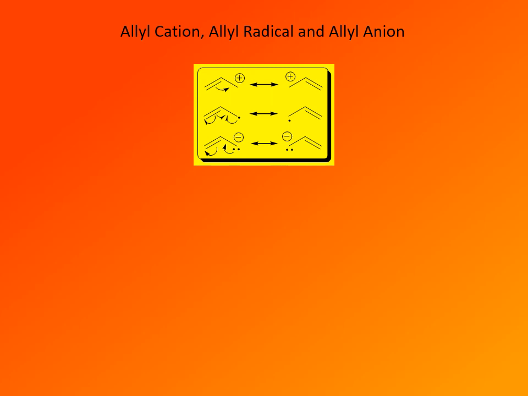So the free electron pair is actually delocalized on carbons 1 and 3, and each bond is a partial double bond. Since in each case we have two equivalent resonance structures, valence bond theory would predict that all three of these species are equally stable.